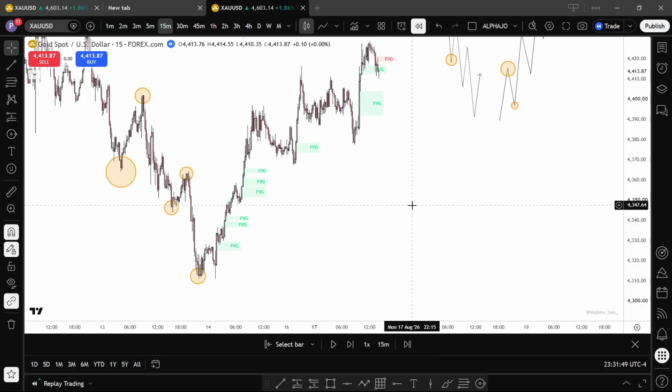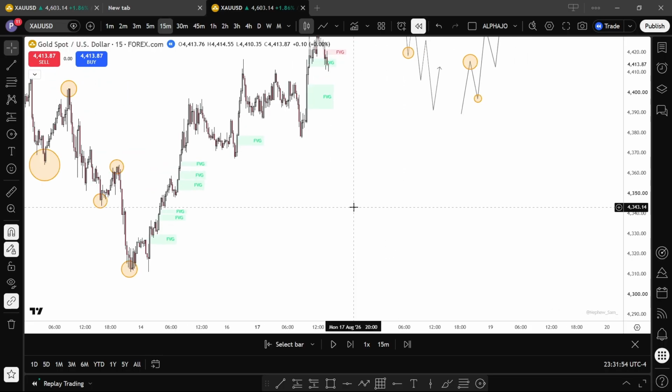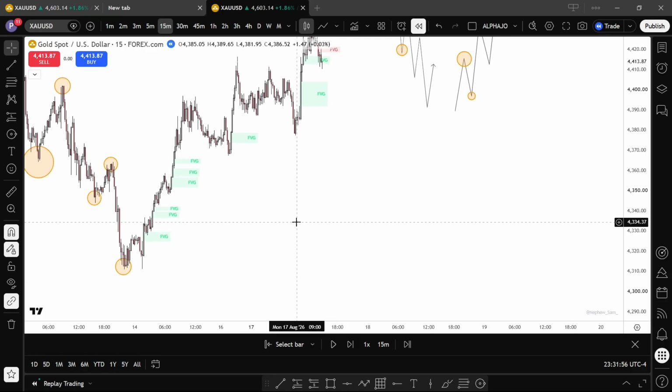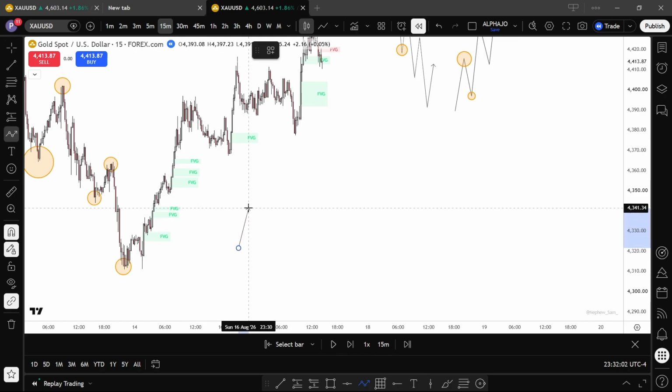So now let's talk about break of structures, or BOS, that's the shortened form. A break of structure happens when price breaks an important high. In a bullish trend, we know we have higher highs and higher lows.